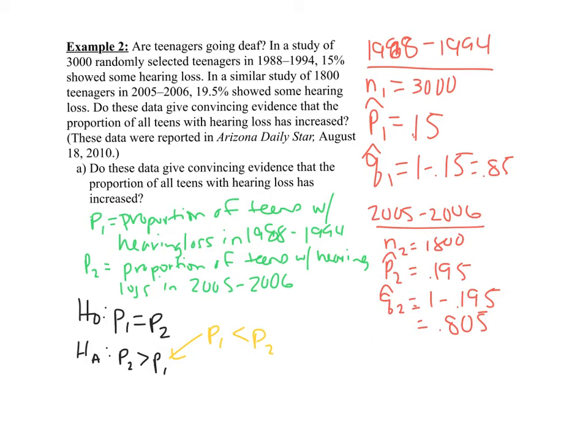Just to be consistent, I'm going to write this as 2 and this is 1. Now we're going to rewrite these as H0: P2 minus P1 equals 0, and HA: P2 minus P1 is greater than 0. Having it written that way is going to help us in a future part of this problem.